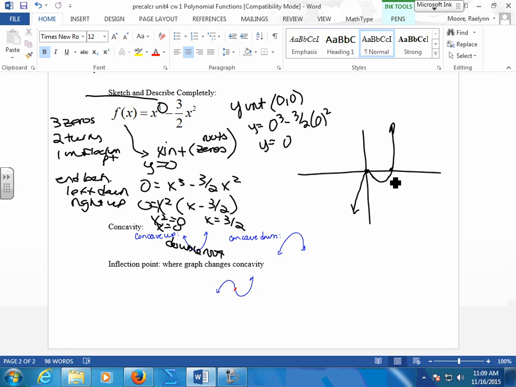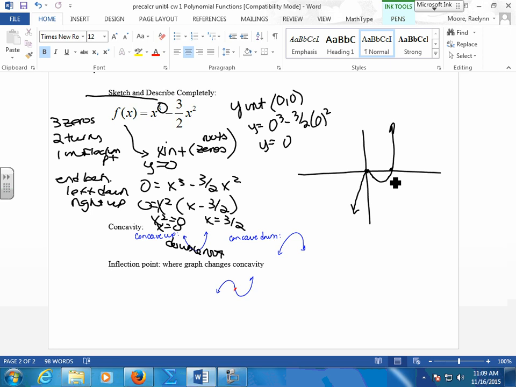I don't want you to use a zoom. I want you to use your window. Do you kind of see it a little bit more? Can you see it pass over? It's probably a little less than the 1/2 on the y. But you can see the little loop in it.